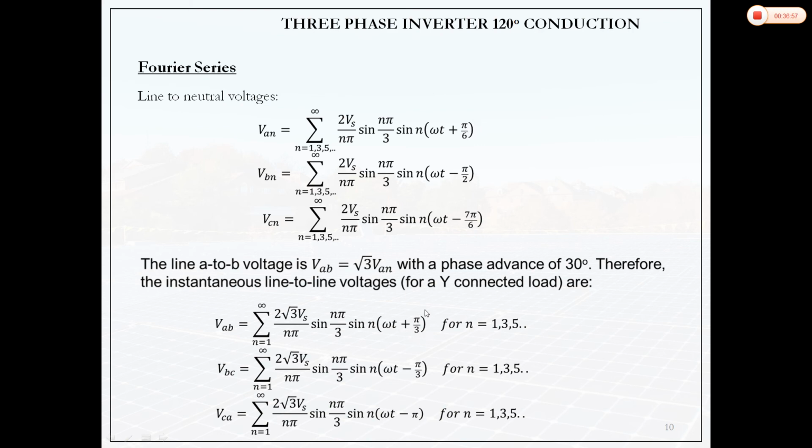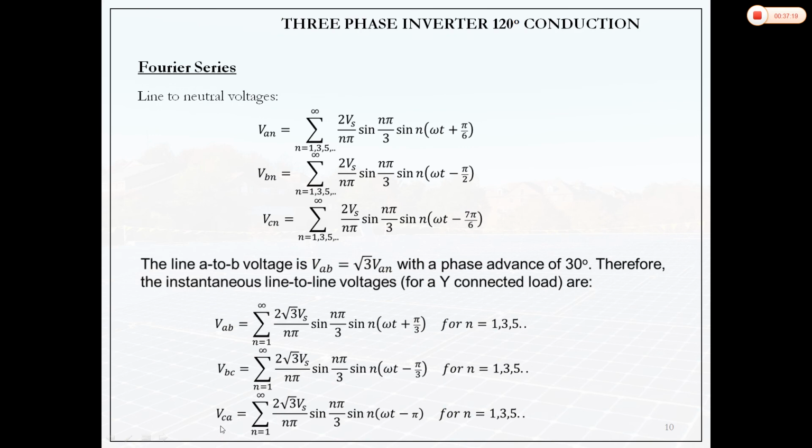Now once you know VAB, you can find VBC and VCA. The magnitude will remain the same, only the phase will be shifted by 120 degrees. So here you have to write minus 2 pi by 3, and pi by 3 minus 2 pi by 3 results in minus pi by 3.